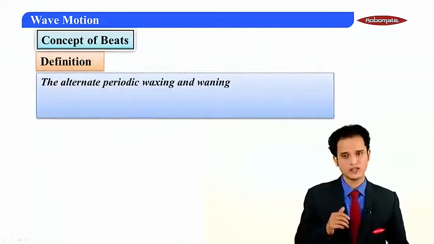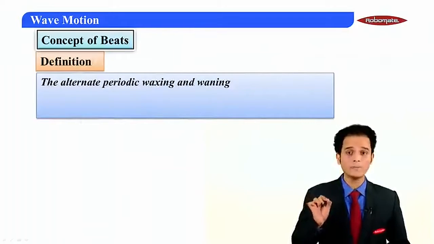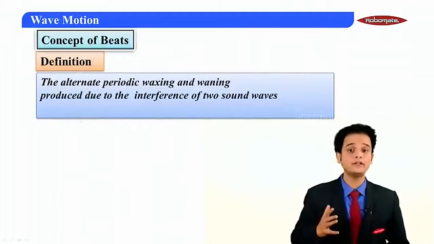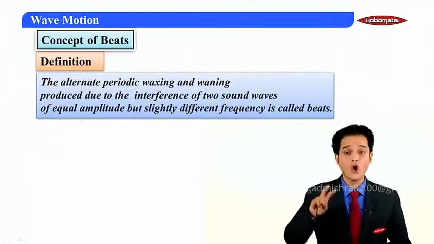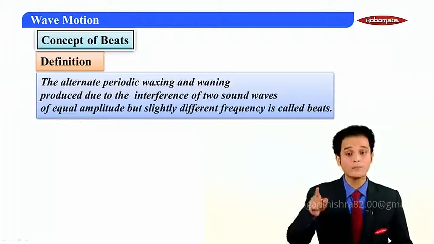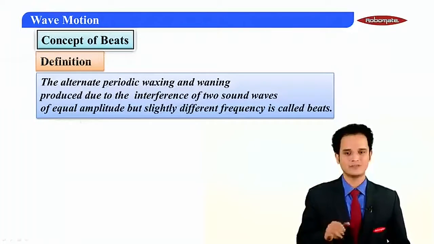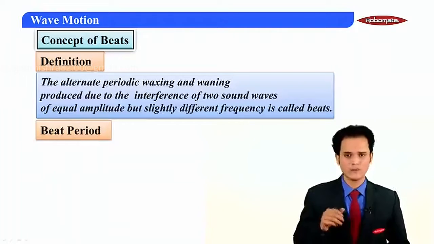The first definition: the alternate periodic waxing and waning produced due to the interference of two sound waves of equal amplitude but slightly different frequency is called beats. Next definition, students, is for beat period.